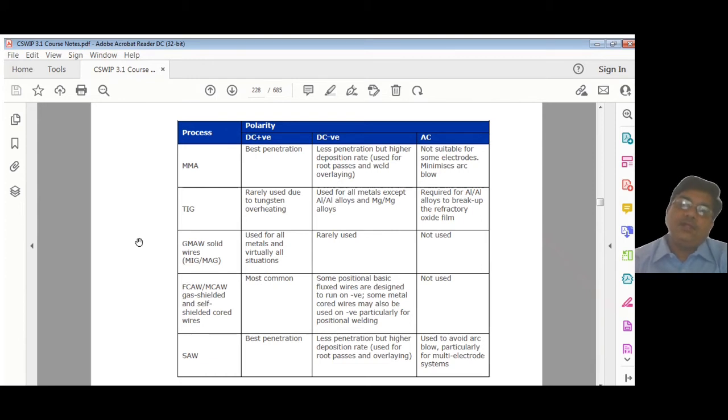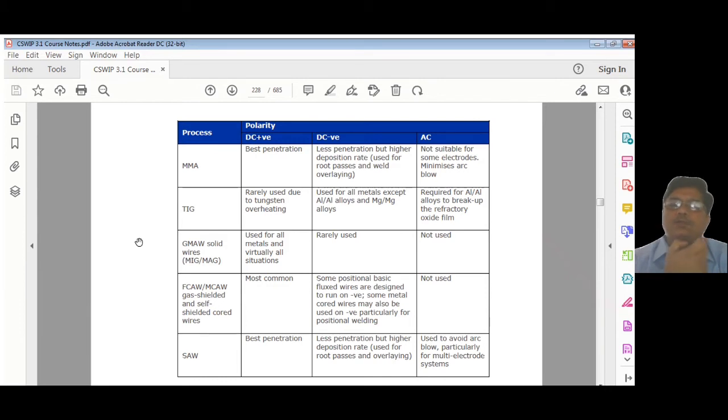But the thing is, welding is always done in DC positive. There is some exception to this rule. I have seen most of the time the 7016 electrode used for the root pass is used with electrode negative, and they put positive to the workpiece.